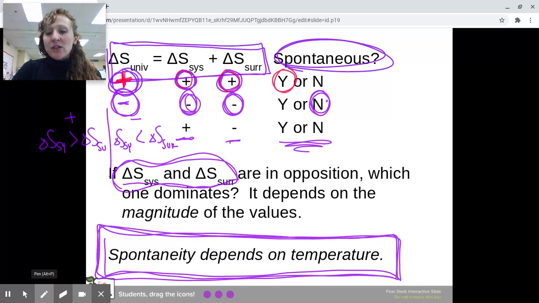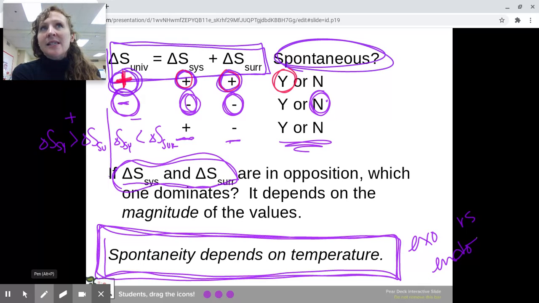This is getting back to exo versus endothermic, and we saw this before in chapter 6 with enthalpy. We did see that systems that tend to be exothermic tend to move forward on their own without any intervention, but that's not always true. There are cases where endothermic processes, like the melting of ice, are spontaneous as well.